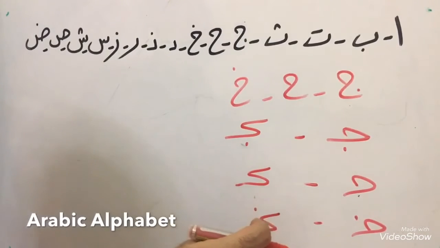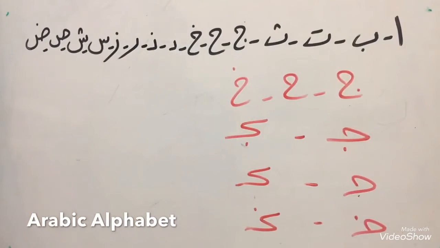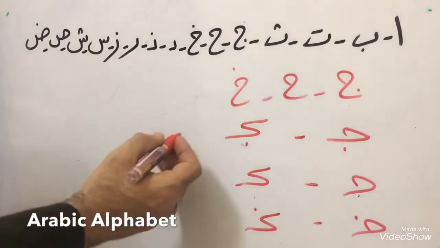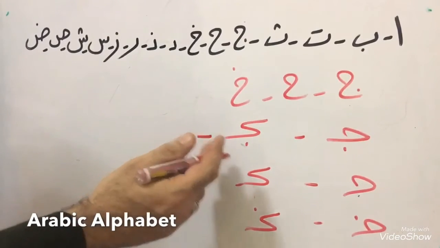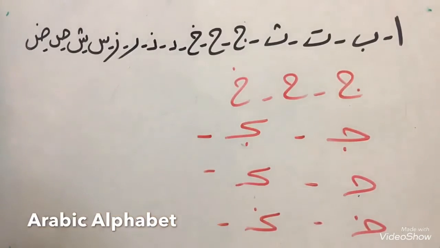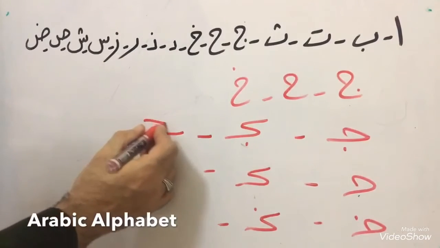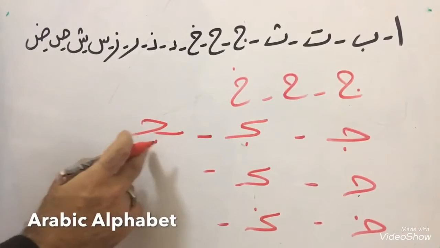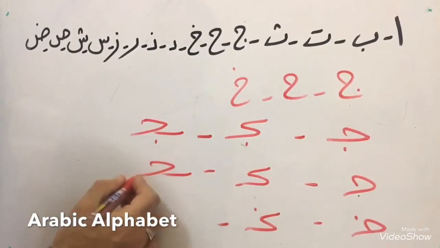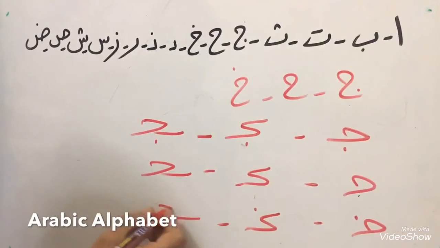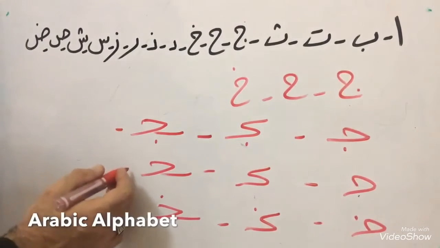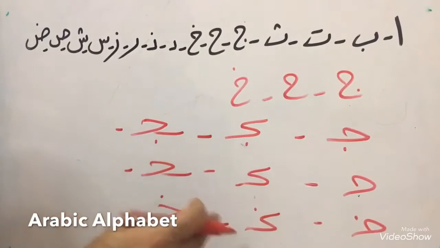So you can join each one with a letter before and a letter after. Or sometimes in the middle, they can be written like this. It is not a problem. It depends on the kind of writing of the Arabic alphabet. This is in the middle of the words.